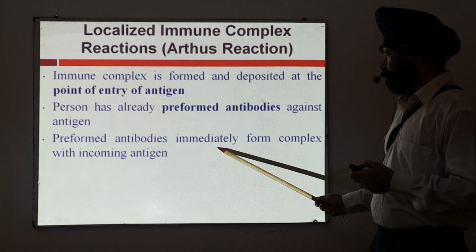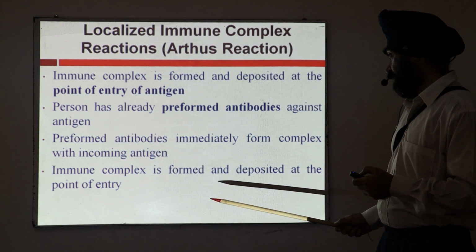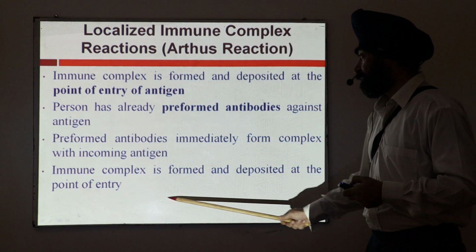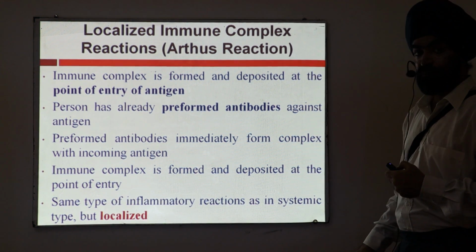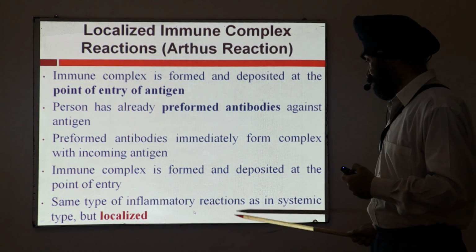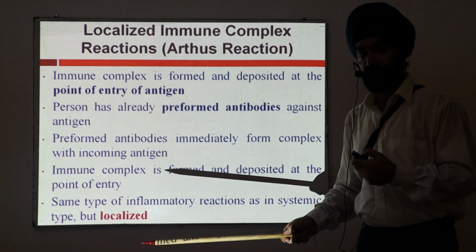So this is called as, and so what I was telling, that immune complex is deposited at the point of entry. But the reactions are almost the same. That means the same kind of inflammatory reactions are initiated as in the systemic one, but they are localized.